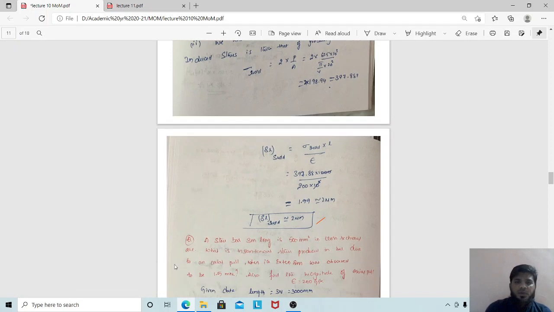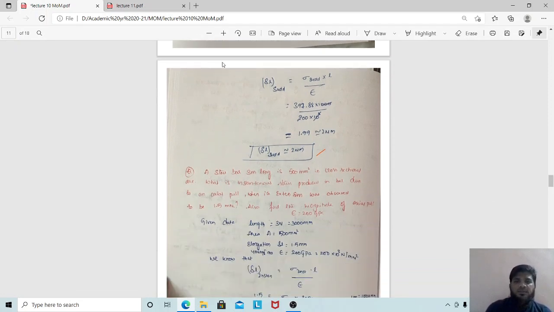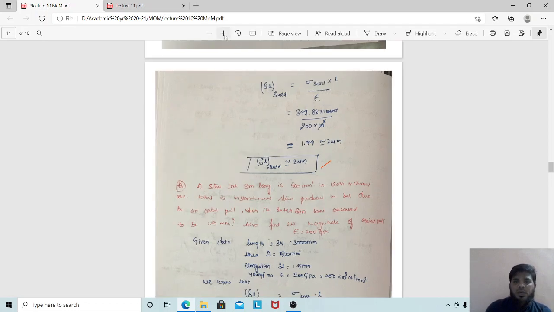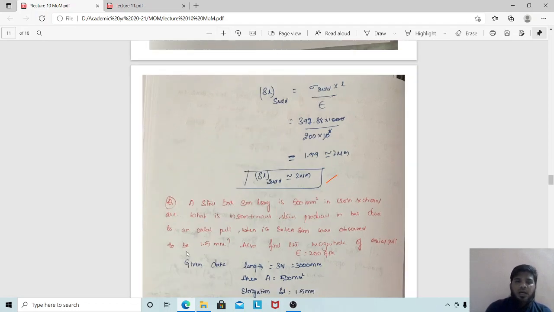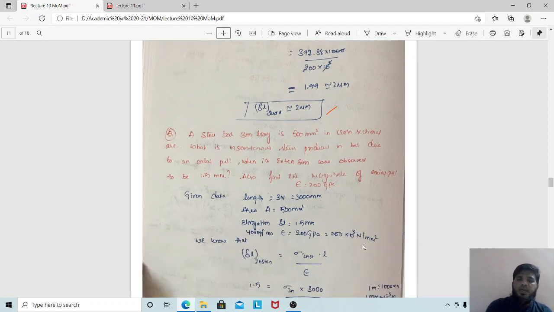The very first problem is a steel bar of 3 meters long, 500 mm square in cross section area. What is the instantaneous stress produced in the bar due to axial pull when its extension was observed to be 1.5 mm? Also find the magnitude of the axial pull when E is equal to 200 gigapascals.